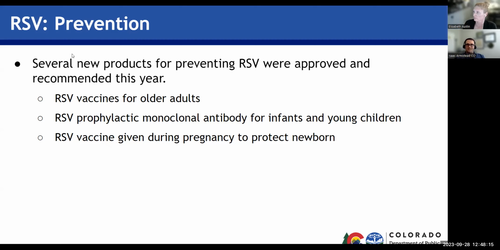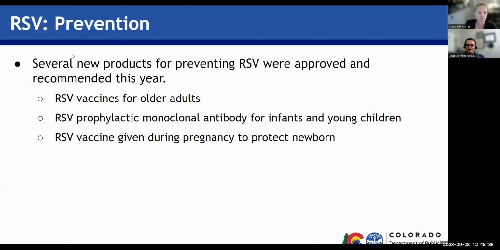The prophylactic monoclonal antibody, this is a product that is called nirsevimab. The trade name is Beyfortus, but it's similar to what we had before, the older monoclonal antibody that's been around for a while now was known as Synagis or palivizumab.